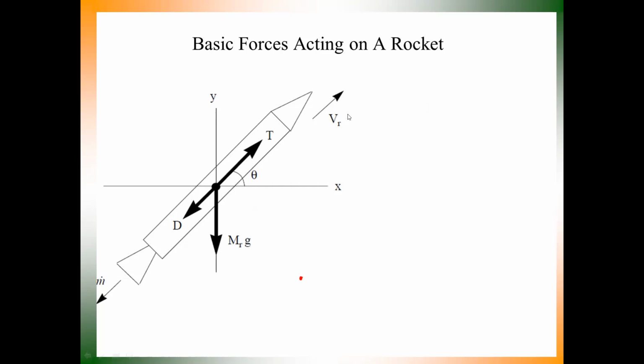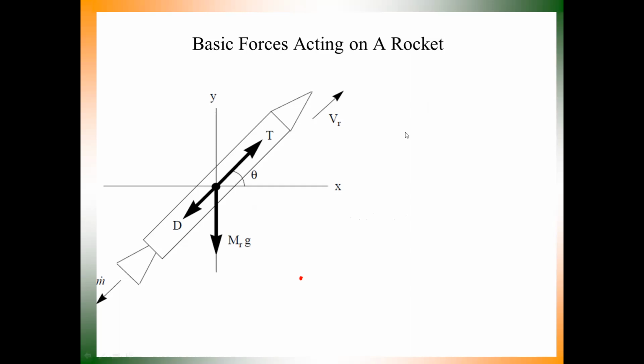Okay. Actually, in any moving vehicle, including an airplane, the forces are four. The four basic forces acting on flying objects are thrust, drag, weight and lift. The lift is mostly from the aerodynamic surface.